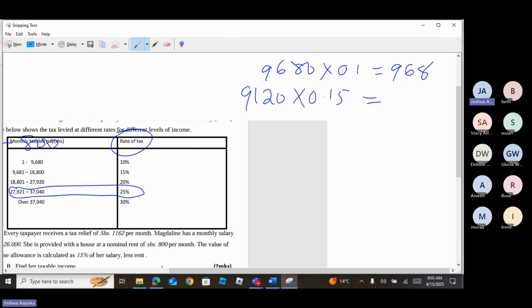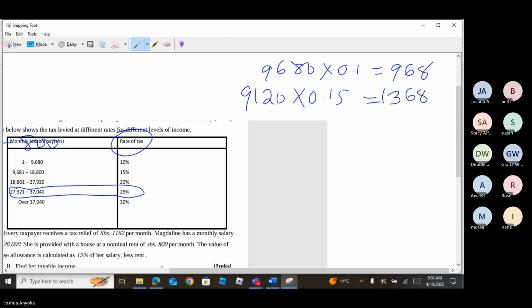You know why it is 0.15, eh? What do you get? 1,368.